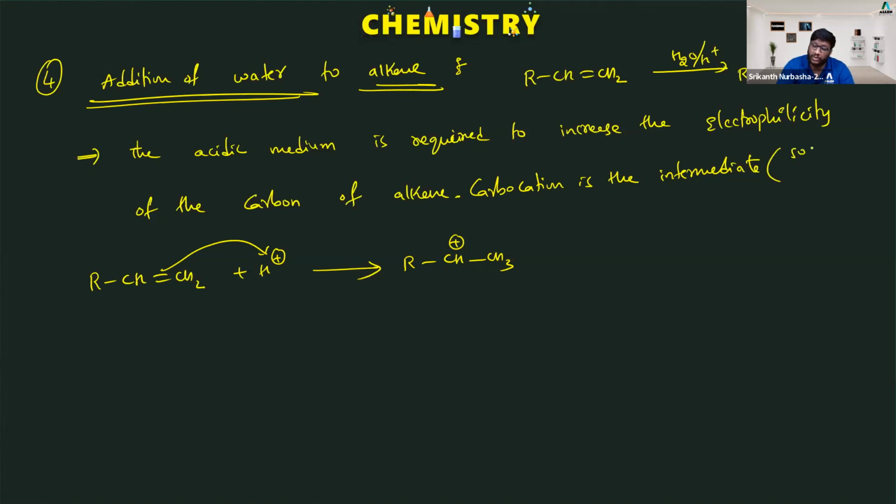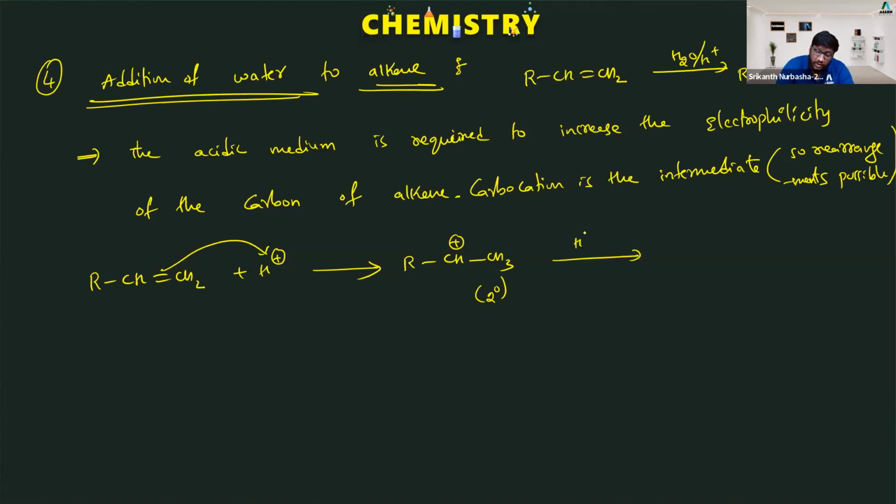As soon as this attack occurs, we get a 2-degree carbocation. We can also get a 1-degree carbocation, but the 2-degree carbocation is more stable when compared to 1 degree. So that is why it is formed.